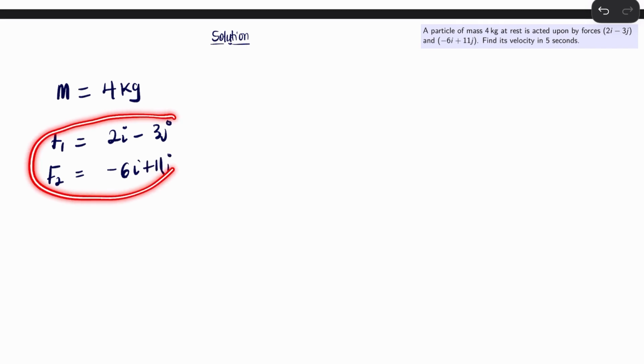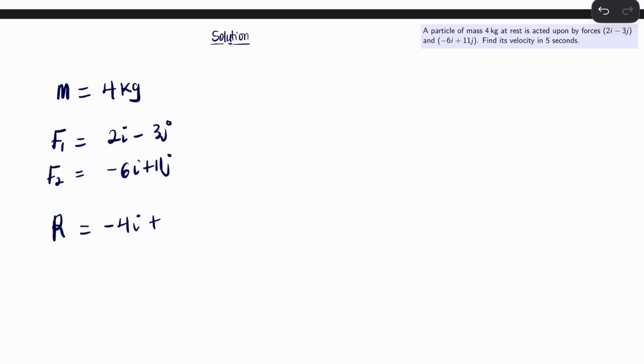Now let's compute the resultant force of these forces. The resultant force will be the sum of these, right? So when we add the i components, 2 plus minus 6 gives minus 4, and minus 3 plus 11 gives 8. So the resultant force is minus 4i plus 8j.